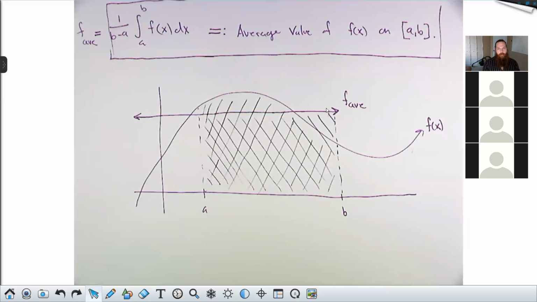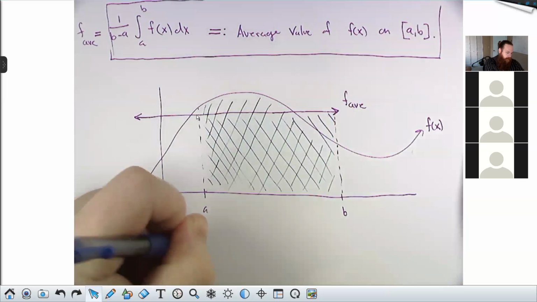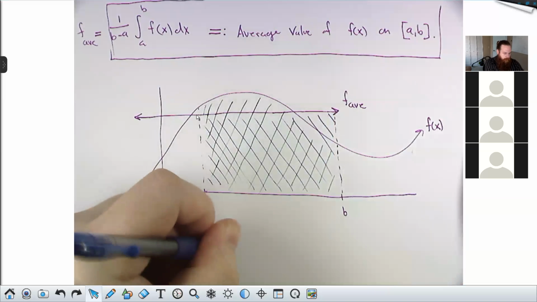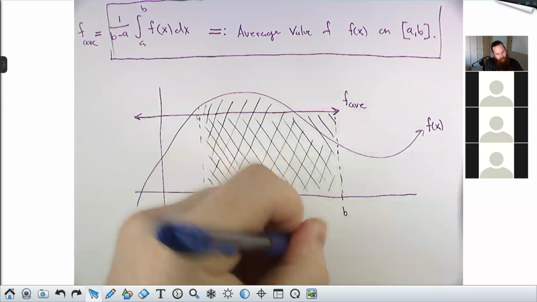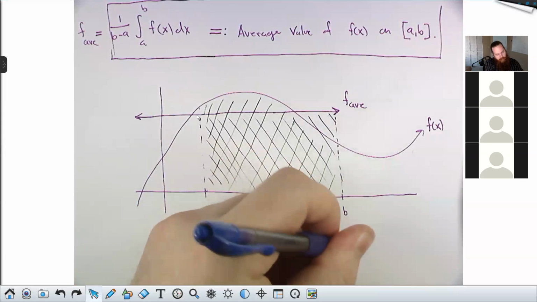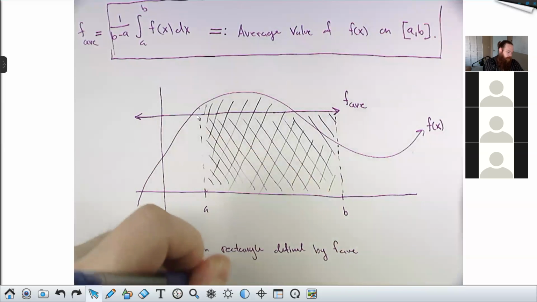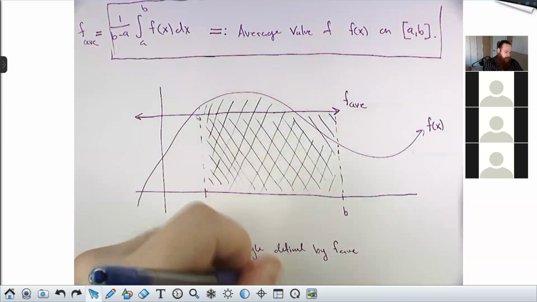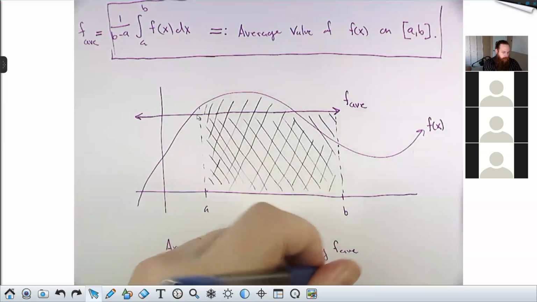The area of this rectangle is the same as the area underneath the curve. Area in the rectangle defined by f av is equal to the area bounded by f of x on the interval ab.